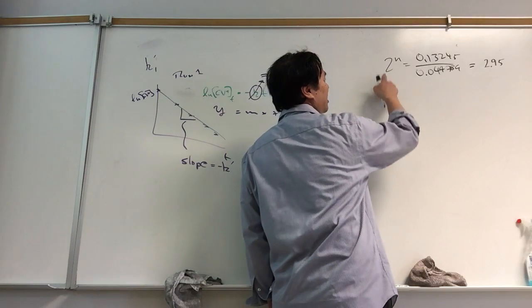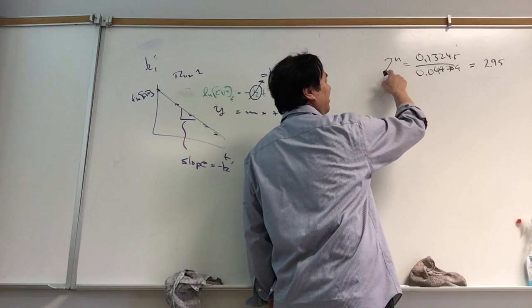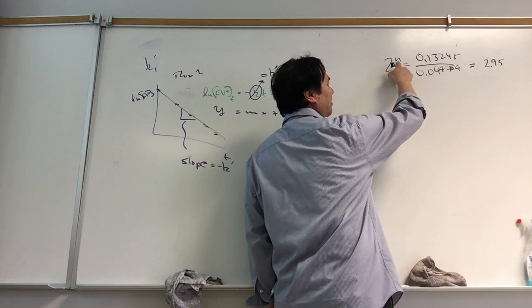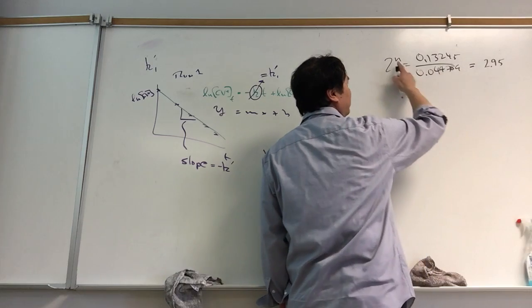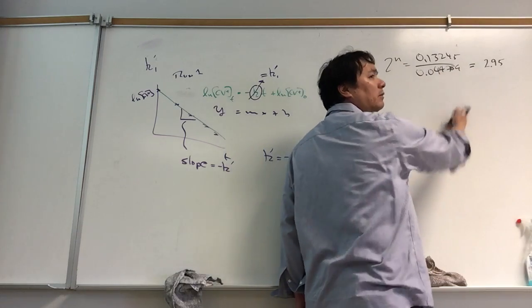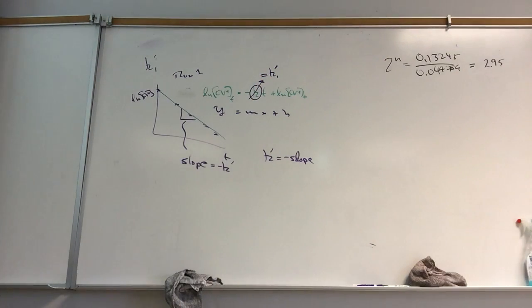So the hydroxide was doubled, and so we got to see the impact. If n is equal to 1, it should have doubled, so it should be 2. If n is equal to 2, it should quadruple. It's halfway between, right? And so what should I do?